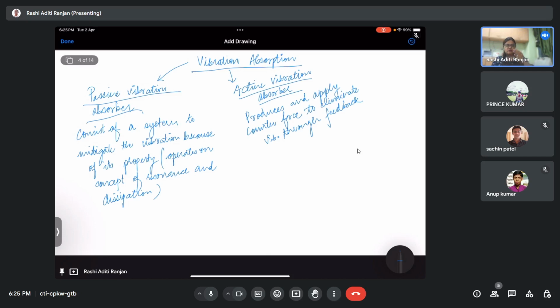For example, if my system is going up, what would it do? It would apply a force in the downward direction so that the force with which it is going up and the counter force balance each other and it would remain at the position I wanted it to stay. Okay, in case of a passive vibration absorber, I was not able to take feedback of the system.